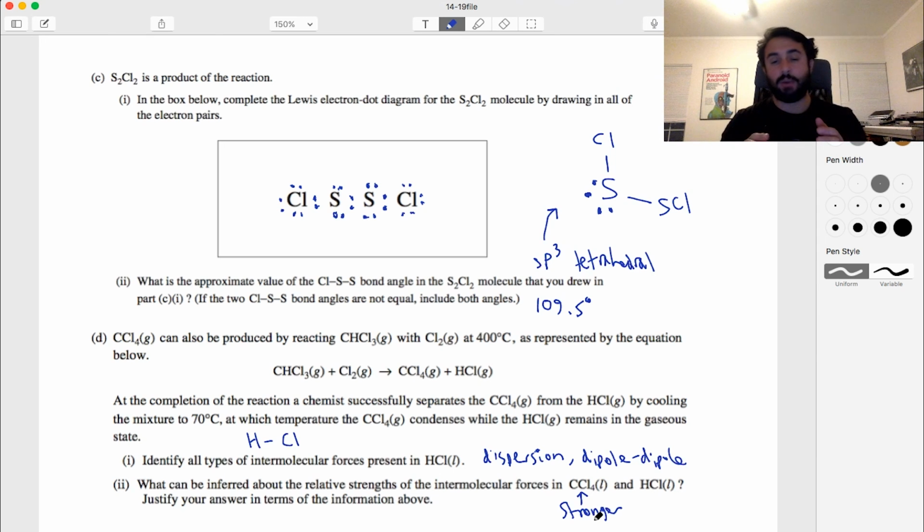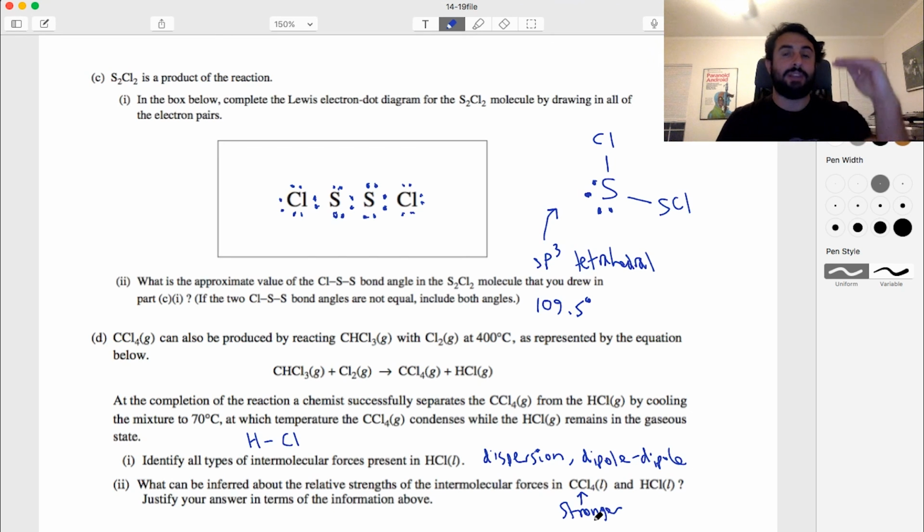Usually we don't think of it that way. But clearly it's also about molecular mass, however, too. But CCl4, as the temperature is going down, they're going by each other and then coming together and condensing and forming a liquid. Whereas HCl still is not sticking together well enough. It is going to have to go lower.